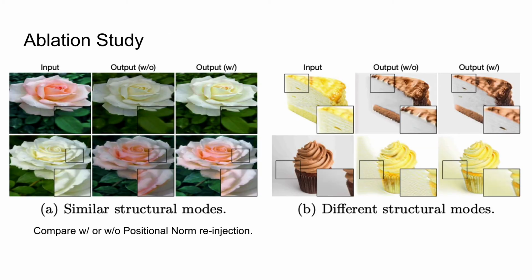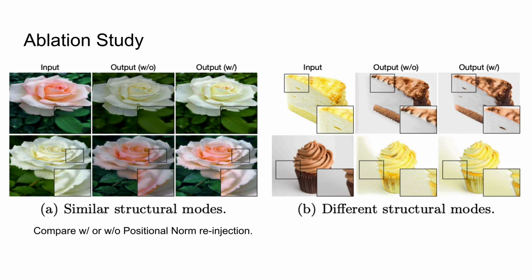Given that Sita aims to learn a texture mapping between source image and target image but preserve general content, we utilize positional norm to extract structural information and reinject them into intermediate layers of the decoder. To evaluate the impact of this operation, we compare our results with or without positional norm reinjection.